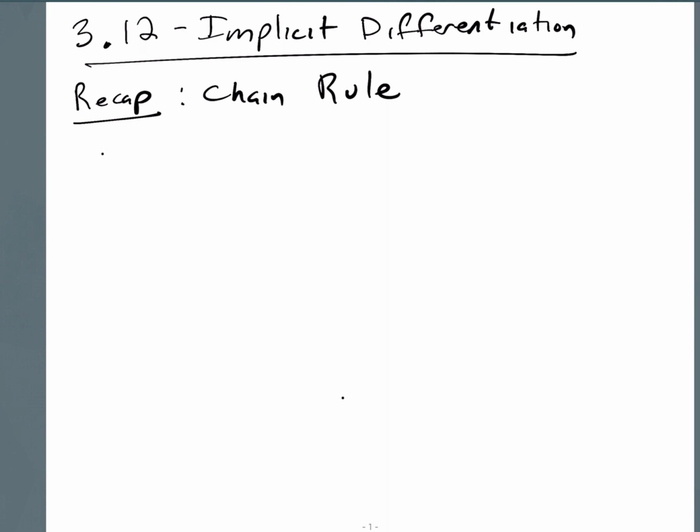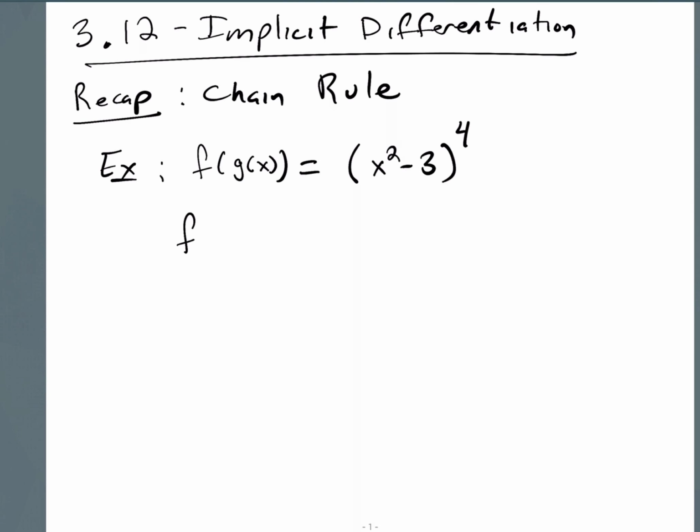So for example, just a simple chain rule. Let's say I have a function, x squared minus 3 to the 4th, like that. So then what's the derivative of f of g of x?